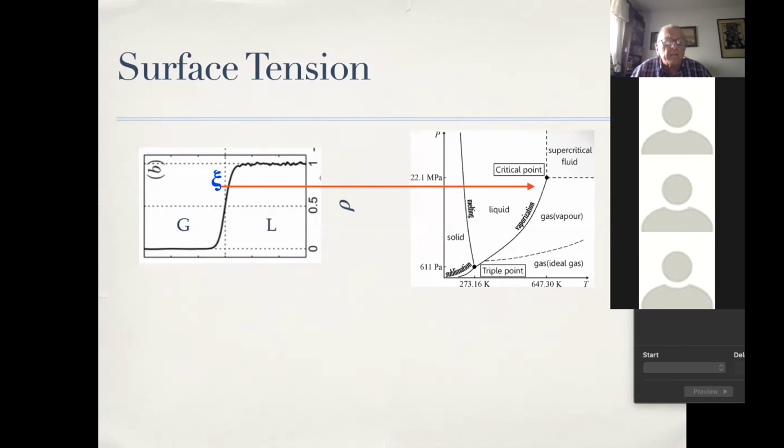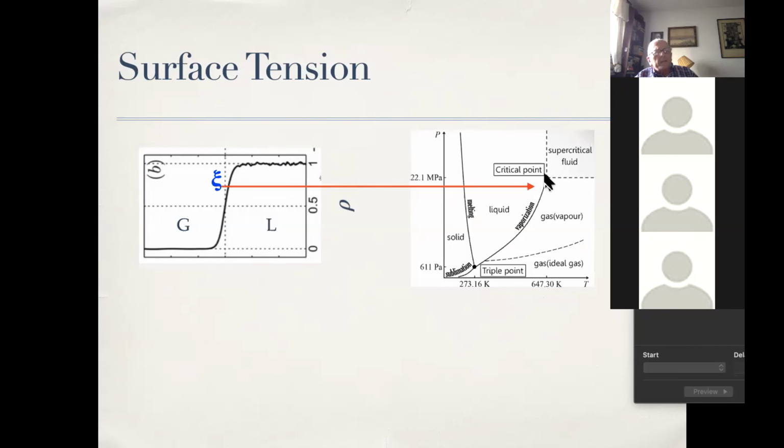And I am particularly interested in what is happening with this gas-liquid interface on this diagram, which we remember, when we are looking at the properties of the interface between liquid and vapor, but very close to the critical point.